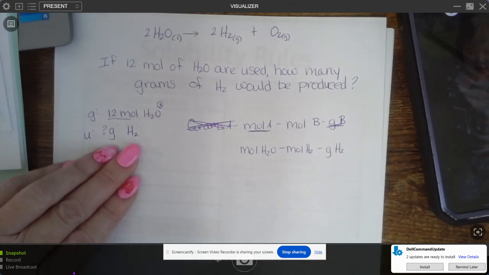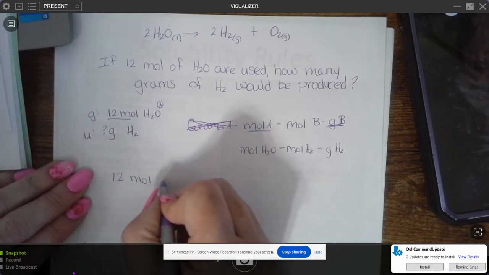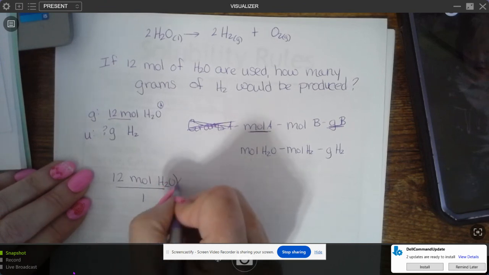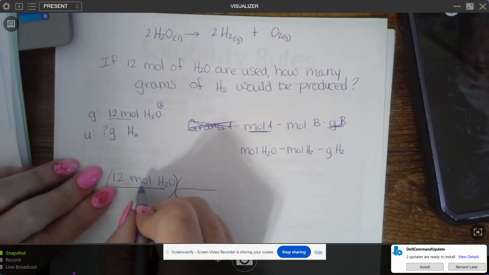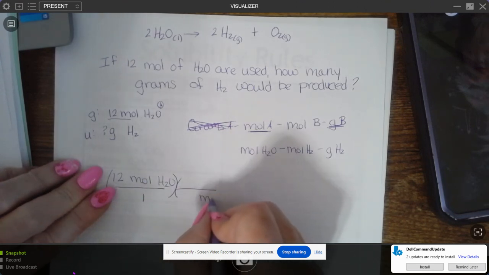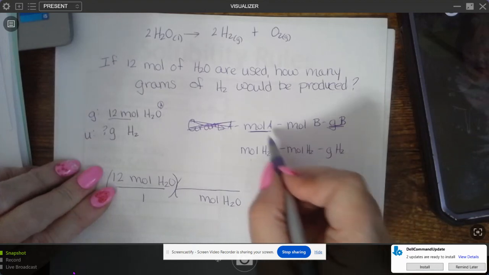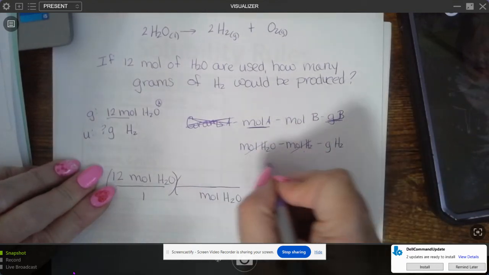All right, so I'm going to start with 12 moles of H2O. Now, I don't need grams here. I've got moles, so moles has to come down here. And then on the top, I've got moles of H2.